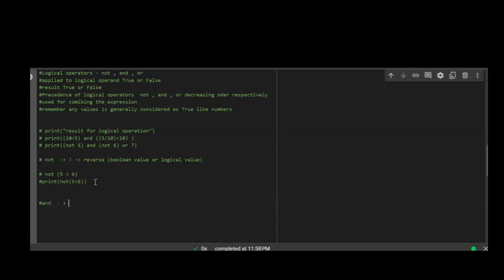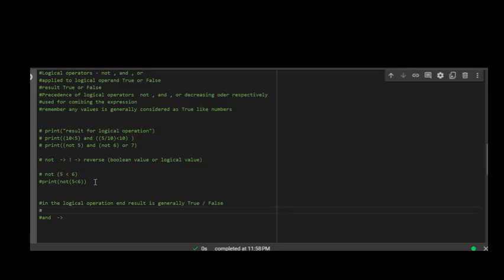In a logical operation, the end result is generally a true or false value, right? And and or are generally binary operators, which operate on two expressions.